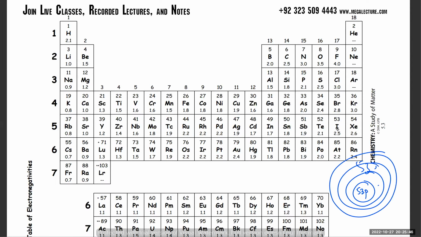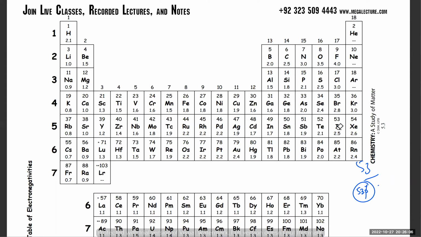So it would be very hard for iodine to attract another electron because all these electrons will be repelling that electron. Smaller atoms have a stronger attraction for electrons. Is that clear?